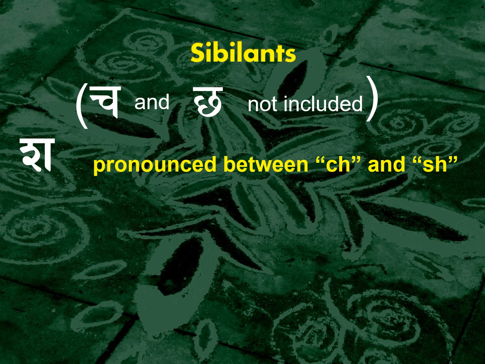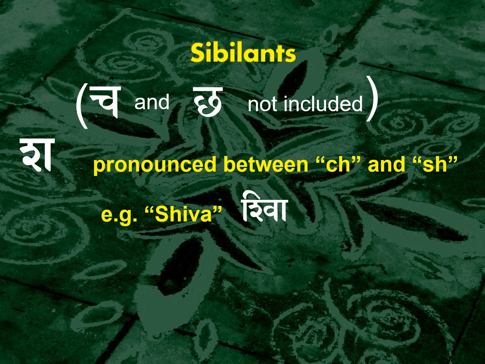The first of the true Sibilants is a little complex, sha. Its pronunciation lies somewhere between cha and sha. We find it as the first letter of the Hindu god Shiva, as we often pronounce the name.